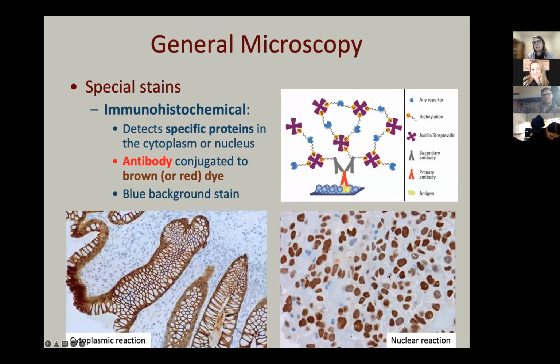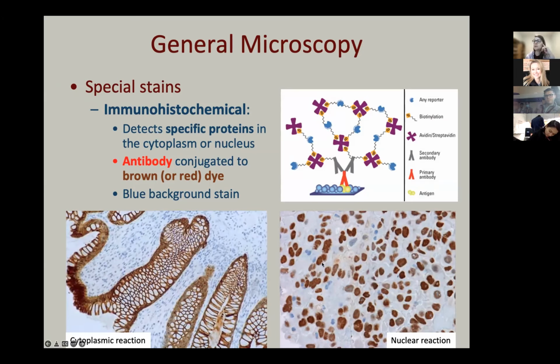Additionally, immunohistochemical stains detect very specific proteins in the cytoplasm or nucleus that you may have run into if you've done laboratory research. These are antibodies conjugated to dyes, and the antibodies are specific to certain proteins, either in the cytoplasm, the nucleus, or even, in fact, the cell membrane, right?